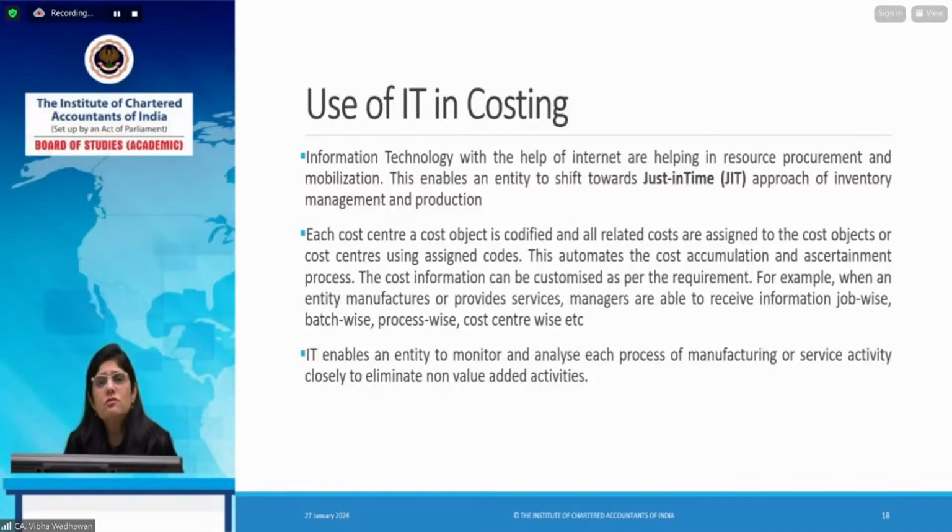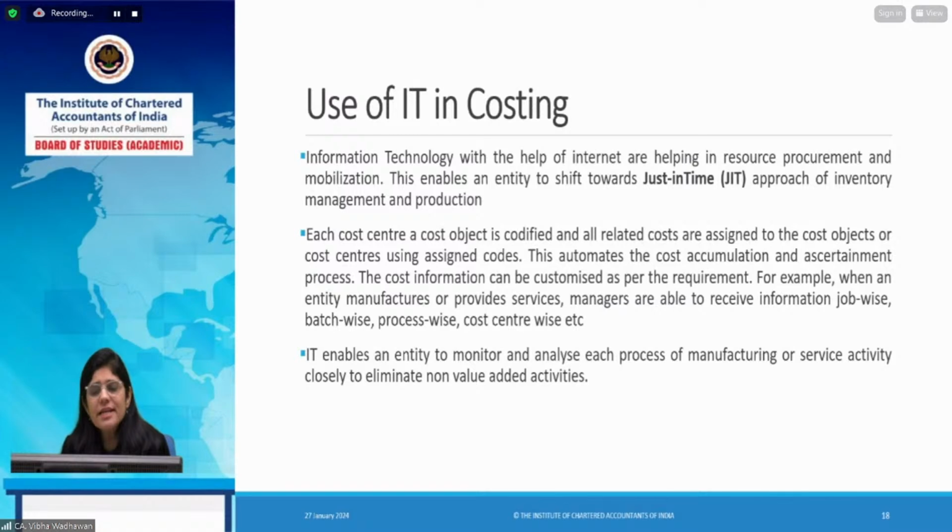So we needed to stock sufficient quantity of inventory so that production should not stop. But now through IT and digital systems, resource mobilization is so easy. We know how much time it's going to take, and the information reaches all the suppliers in no time. So that time is also saved.